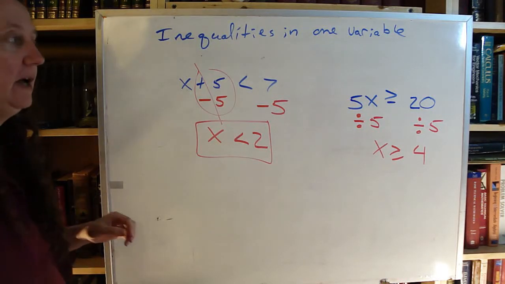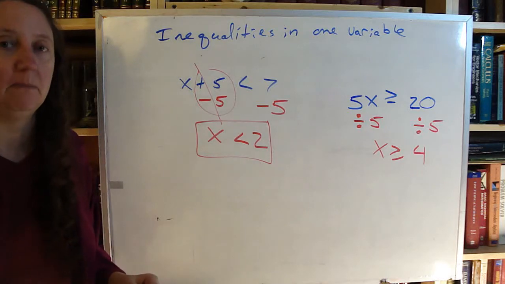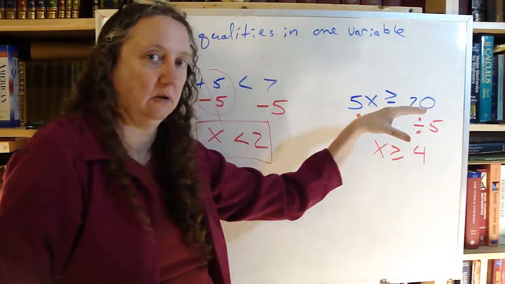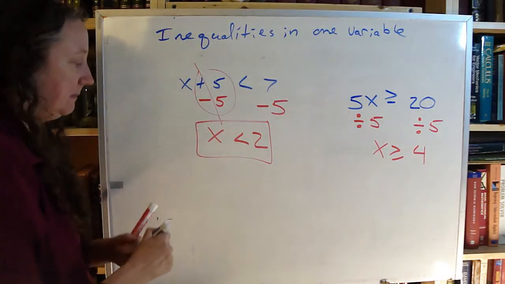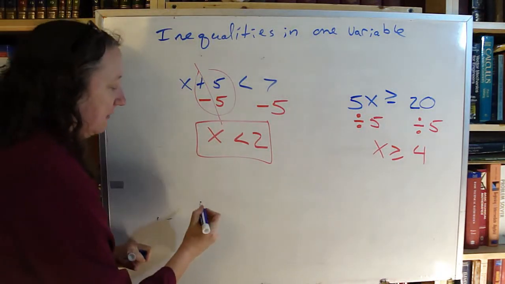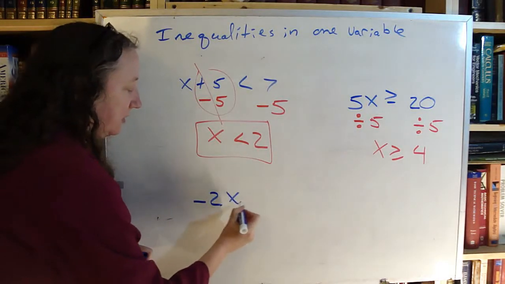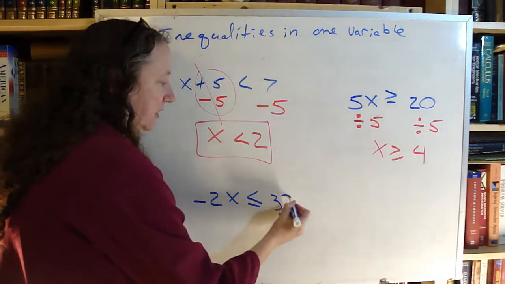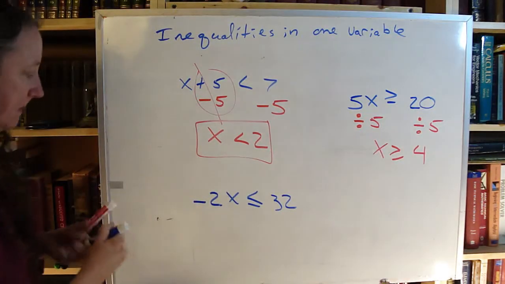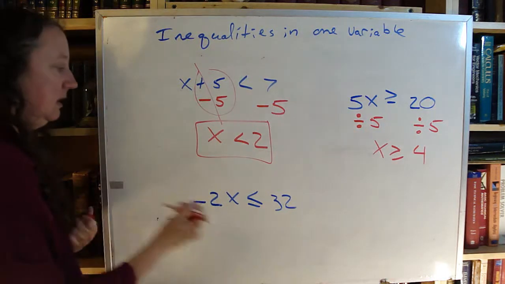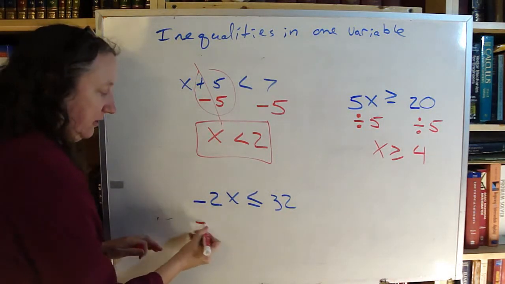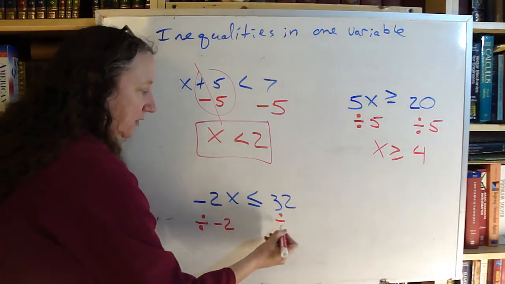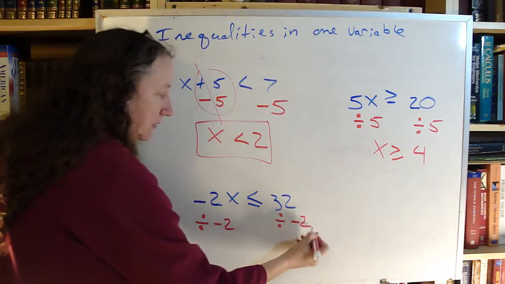When you are multiplying or dividing by a negative number, you're going to flip that sign. So what I mean, if I have negative 2x is less than or equal to 32. To solve for x here, I need to divide by negative 2. What I do on one side, I do on the other.